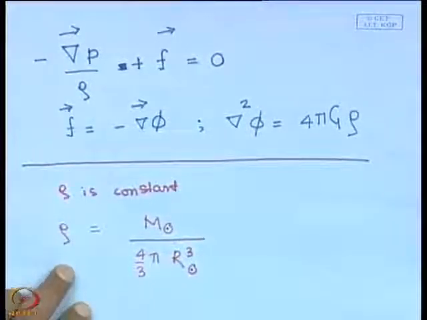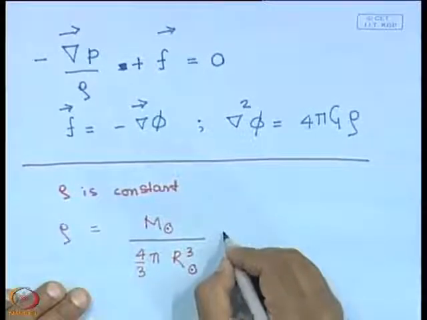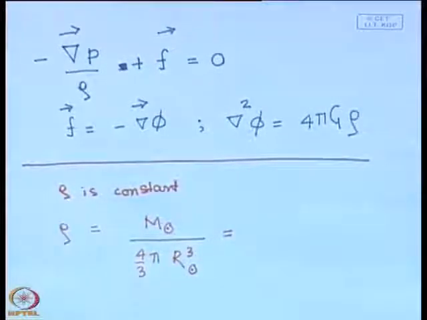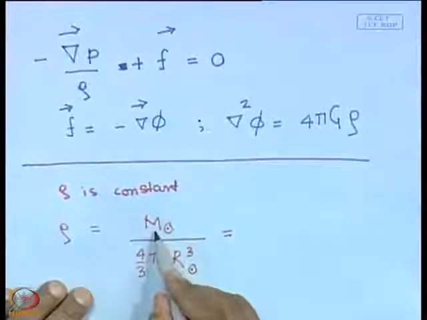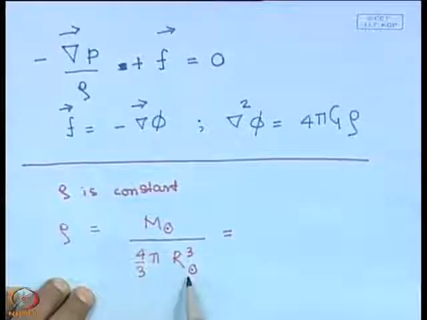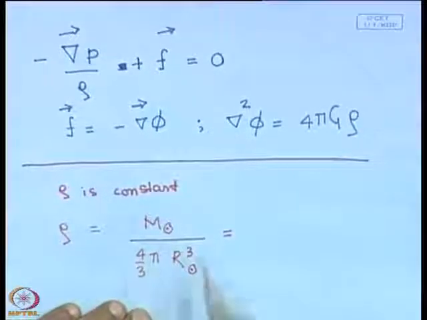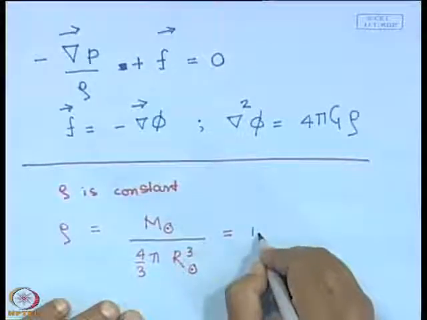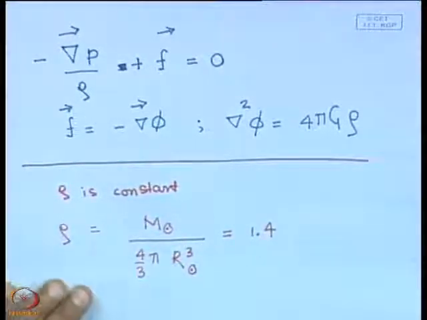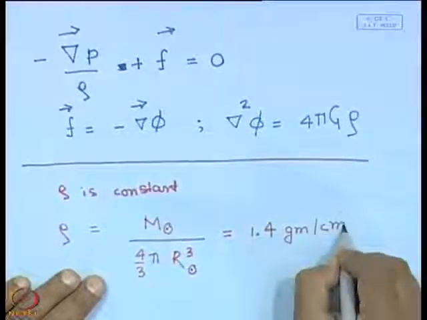So we will assume that this density holds throughout the entire sun. And if you put in the values, so this is 2 into 10 to the power 30 kilos, this is 6.96 into 10 to the power 8 meters. I have already told you these values. So if you put in all of these numbers, the mean density of the sun comes out to be 1.4, let me express it in grams per centimeter cube.